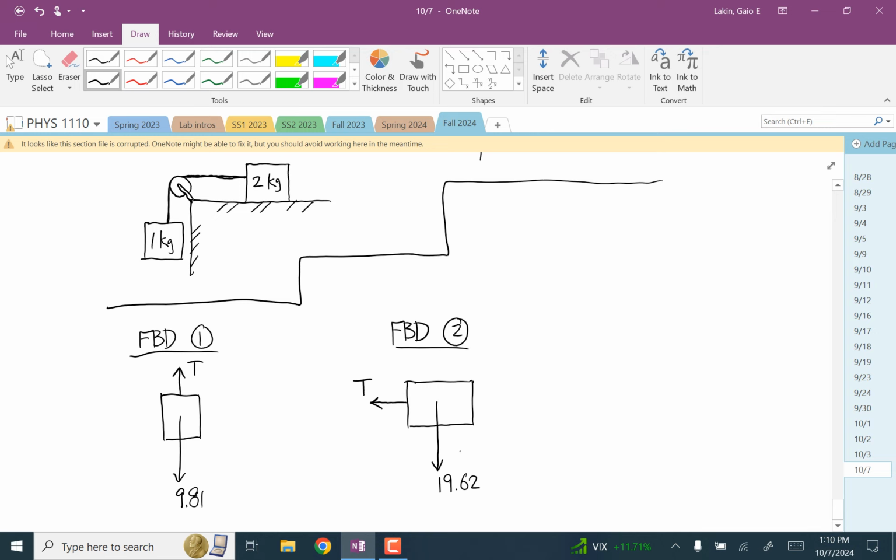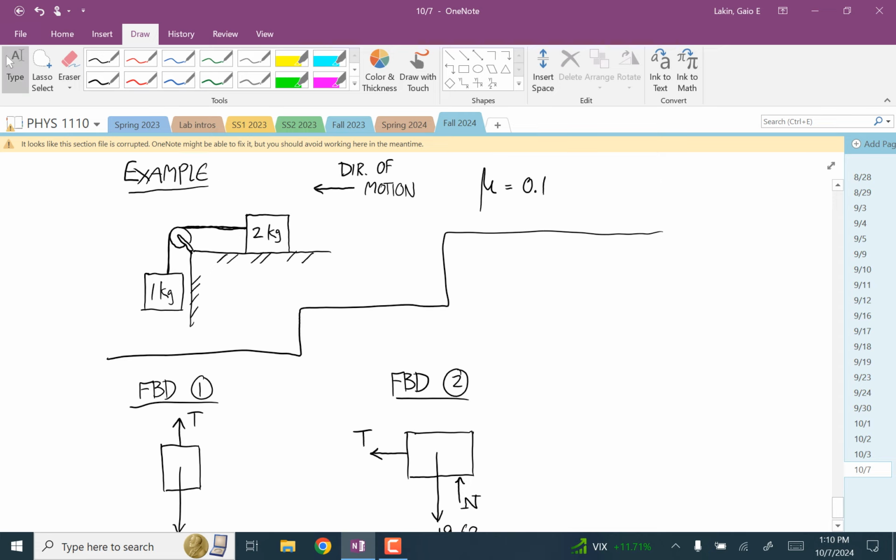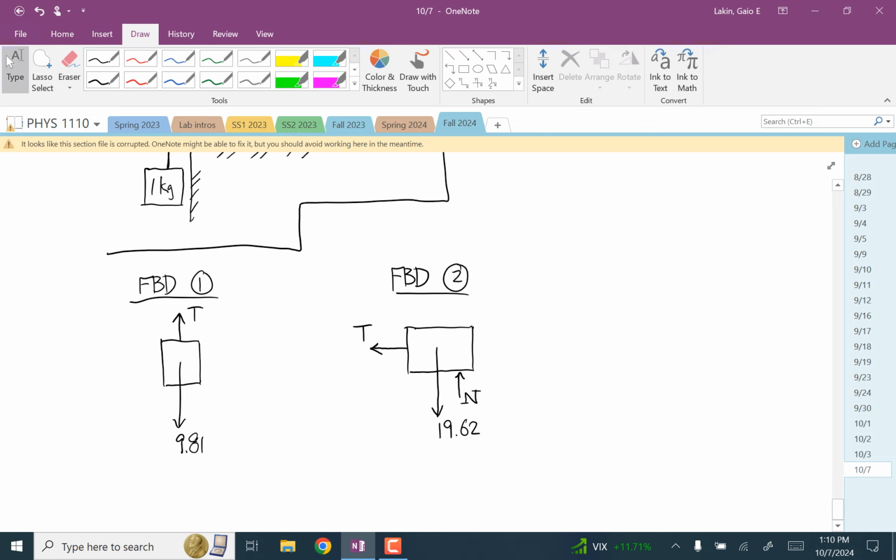So the pushing force is perpendicular to the surface toward the body. I'll call that N. And then the friction force is opposite the direction of motion. So this way. And the magnitude is 0.1 times N.